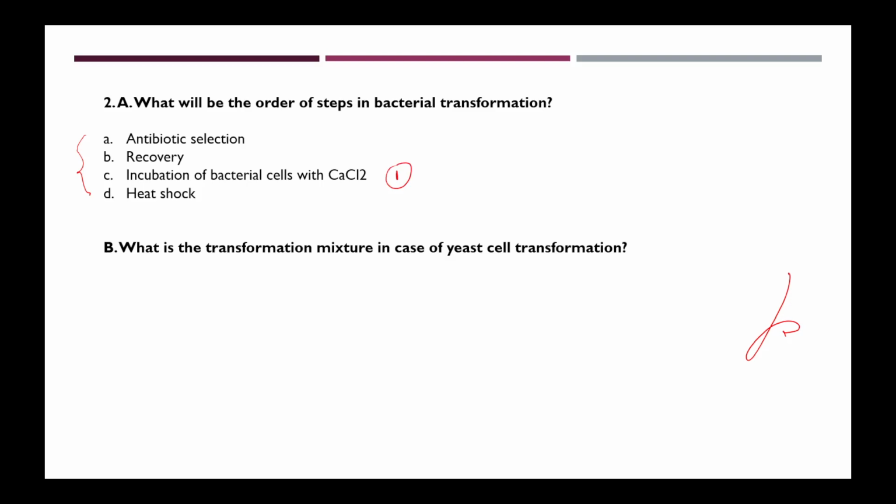And then heat shock. We have to give heat shock to the cell so that pores can open for a small period of time, only a transient opening of the pores, and then DNA can come inside. And then we have to provide a normal or a cold condition so that the pores can again close and the cell wall and cell membrane can become normal.